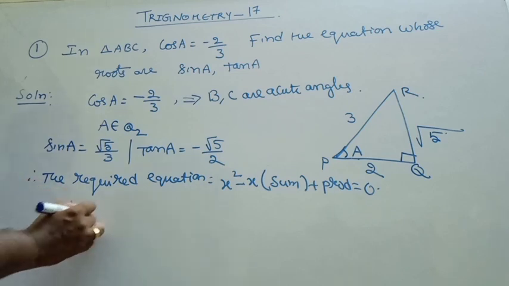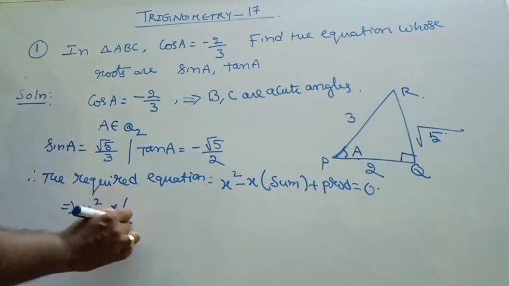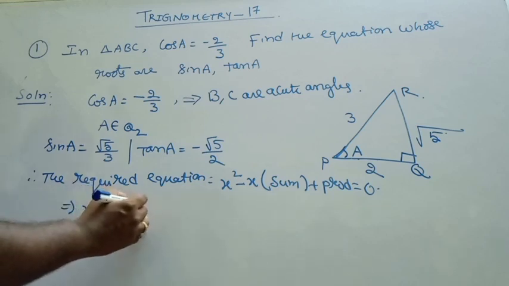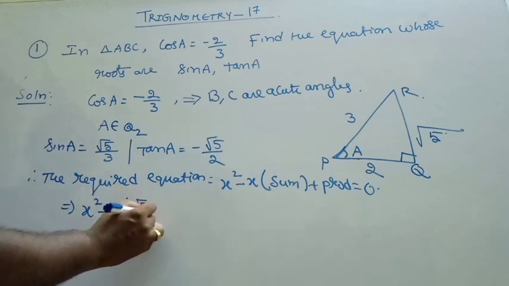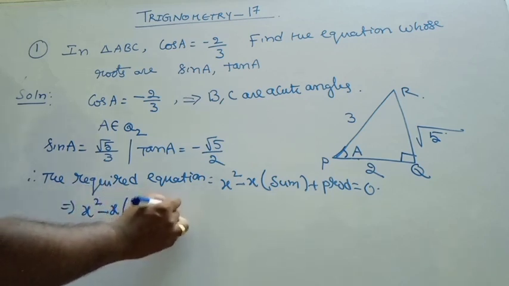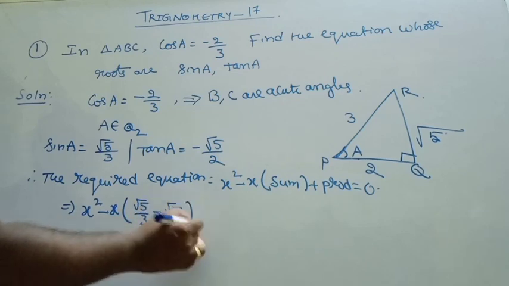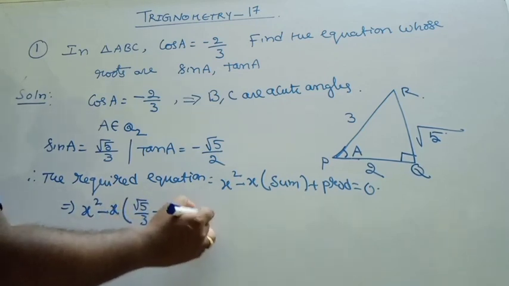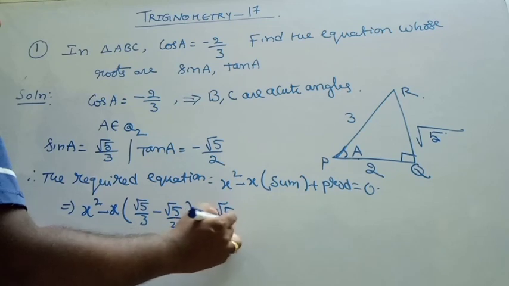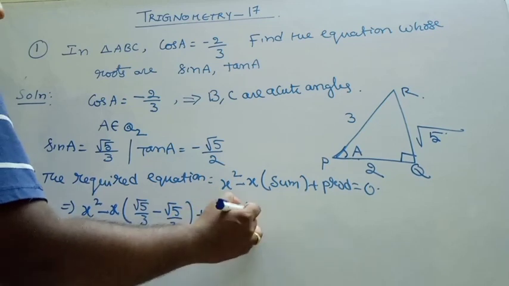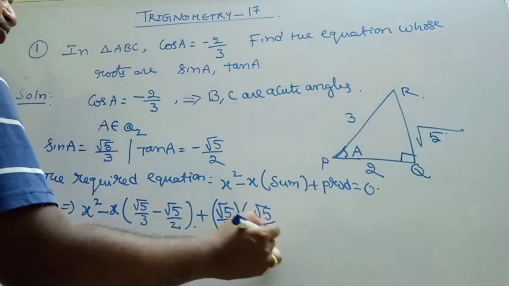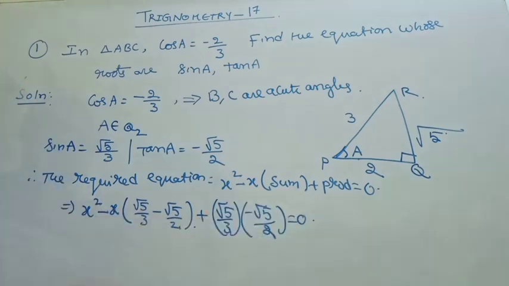Now x squared minus x into the sum of the roots, which is root 5 by 3 minus root 5 by 2, plus the product of the roots, that is root 5 by 3 into minus root 5 by 2, is equal to 0. If you simplify this, you will get the required quadratic equation.